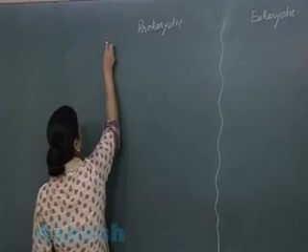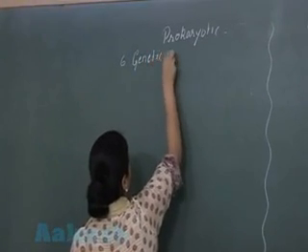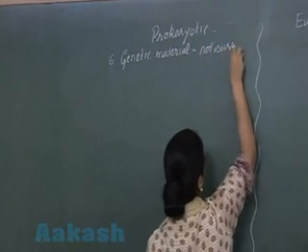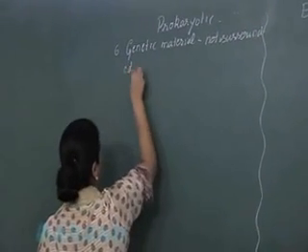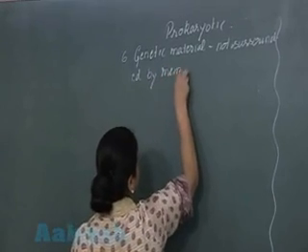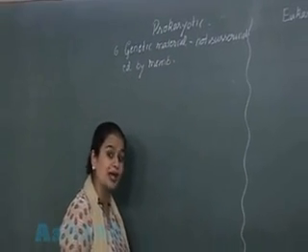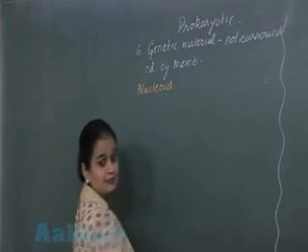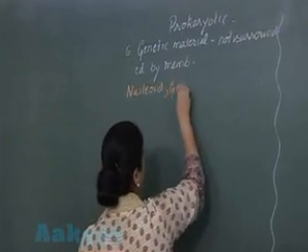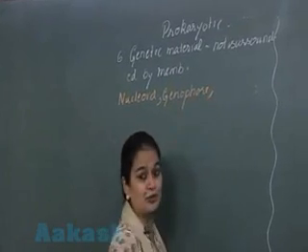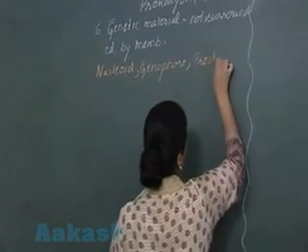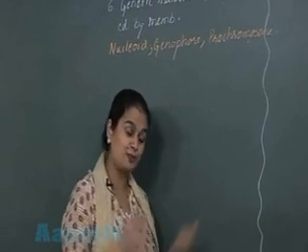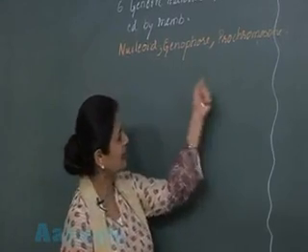So here the genetic material is naked, or you can say it is not surrounded by membrane. This primitive nucleus present in prokaryotes is known as nucleoid. It is also known as genophore, or prochromosome, or incipient nucleus. These are all the alternative names for the primitive nucleus present in prokaryotes.